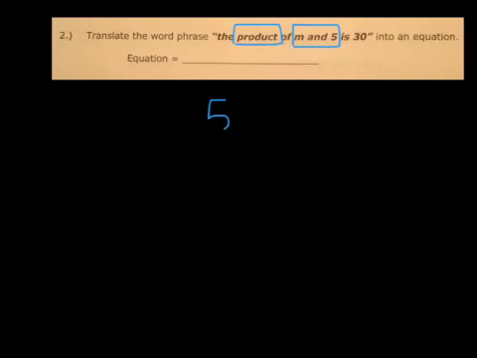We wrote the number and the letter side by side smushed together. If you look at the end of this phrase, it says is 30. And we said is translates to an equal sign, and then 30 is our answer. This does not say solve or find the solution, so all you need to do is write 5m equals 30.